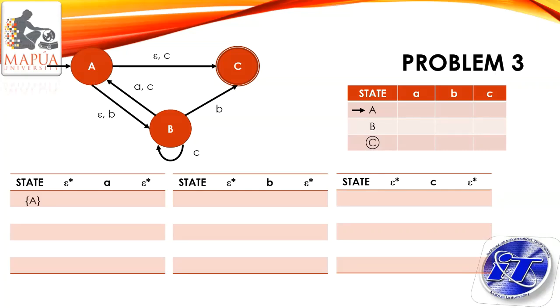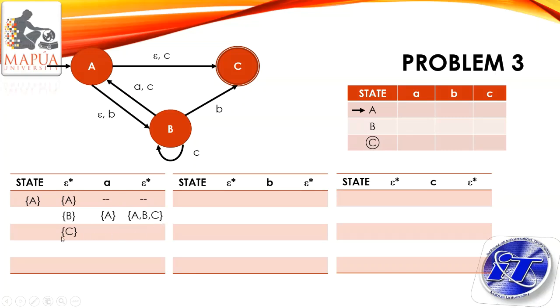So we have itself, B, and C. Okay, so at A, there's no path, so that's why it's dash dash. And for B, if it's A, it will go back to A. And based on our epsilon closure, if it's A on A, it could reach A or B or C. So that's why we have the A, B, C path here.